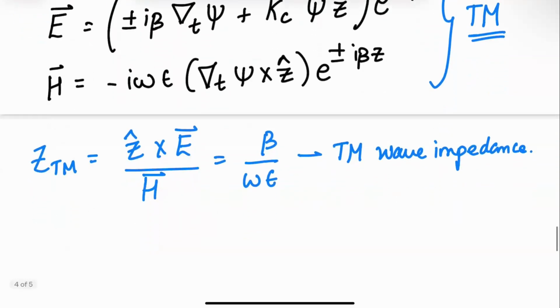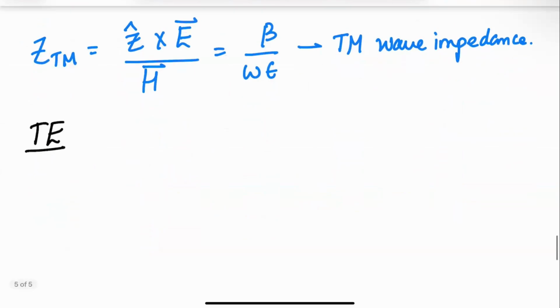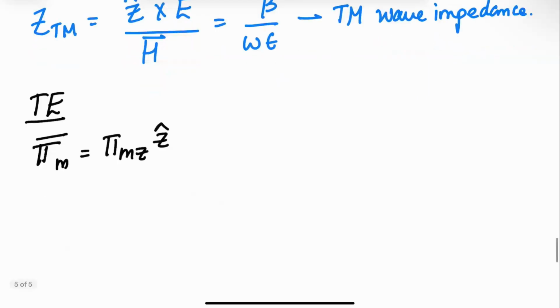Now, similarly, you can do the same kind of development for TE, which I'm going to skip the details. It's obtained from psi m equal to psi mz z hat.